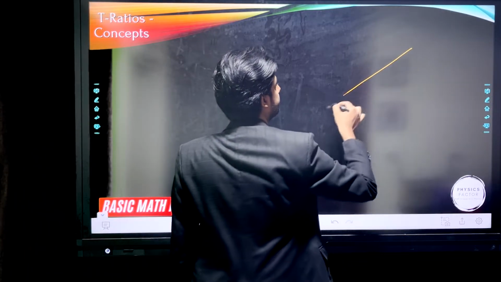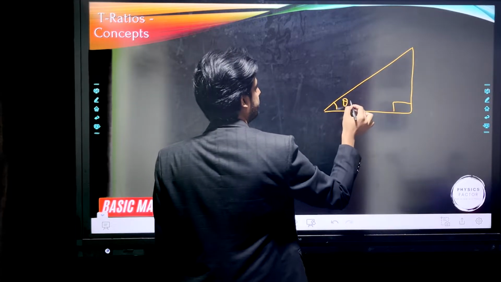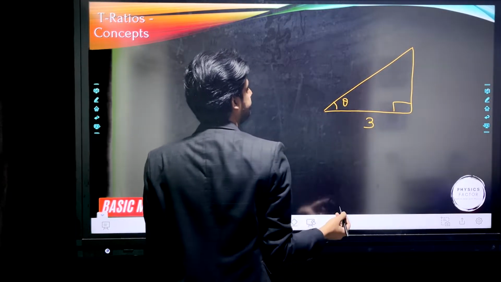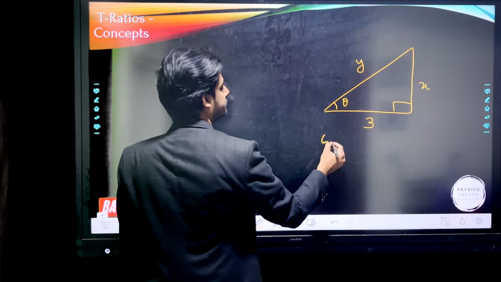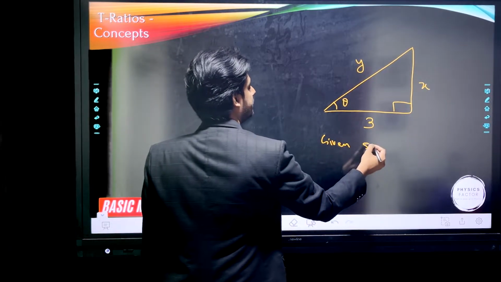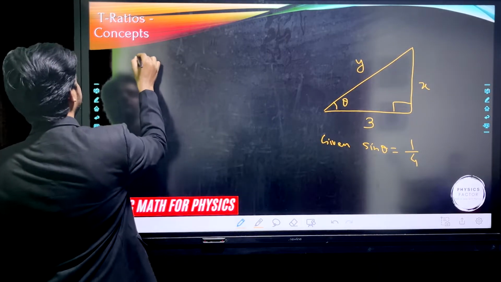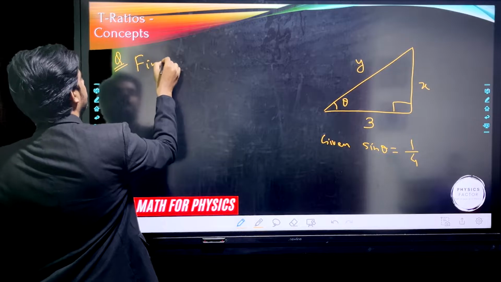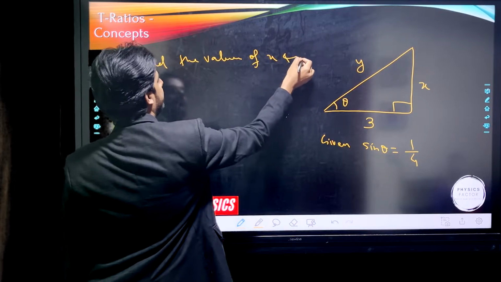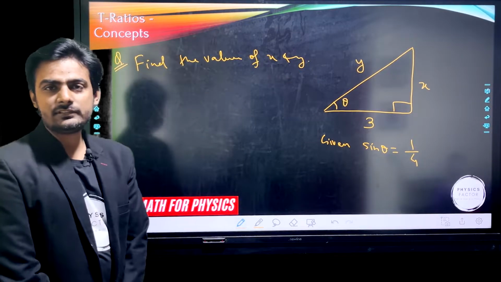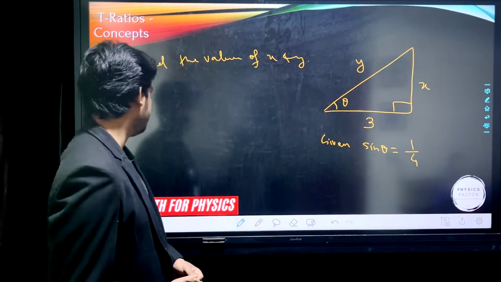Let's say we have a triangle and this angle is theta and this is 3, and this is x and this is y, and it is given sin theta equals 1/4. The question is find the value of x and y. So let's see how to do it.